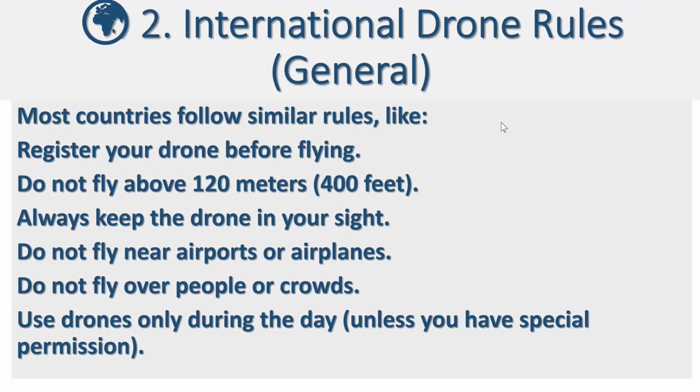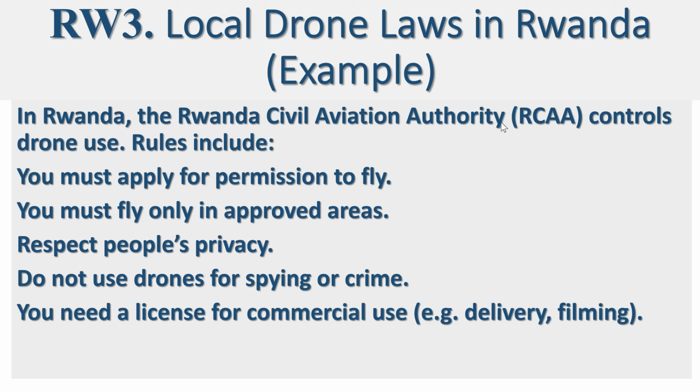Do not fly near airports or airplanes. Do not fly over people or clouds. Use drones only during the day unless you have special permission. These are the general international drone rules.